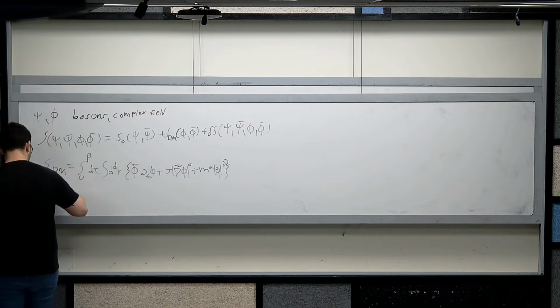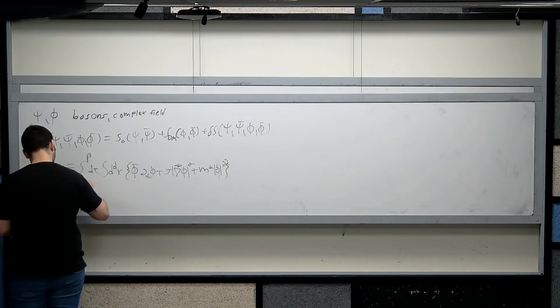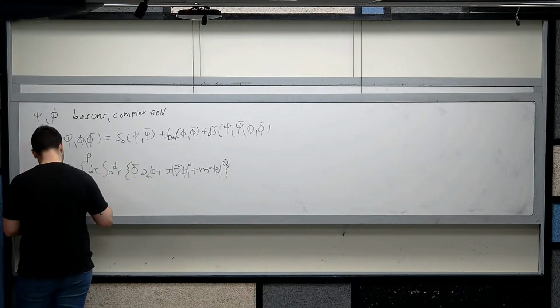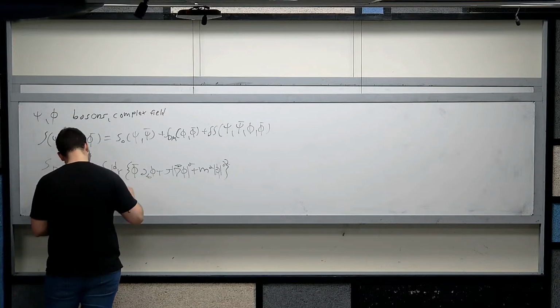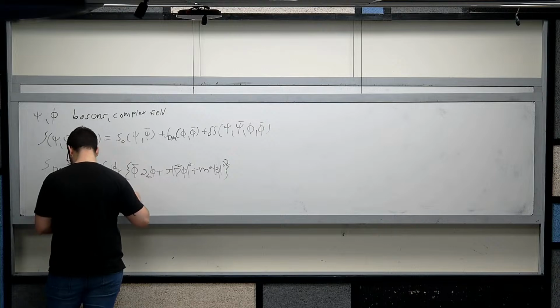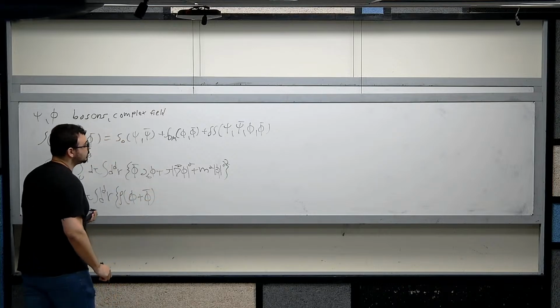And the interaction action G beta tau d r rho psi plus psi conjugate. Okay.